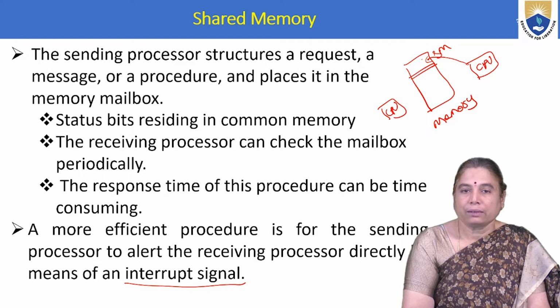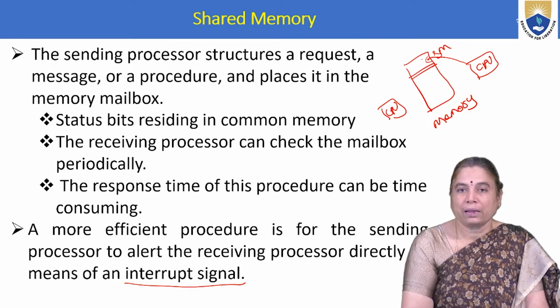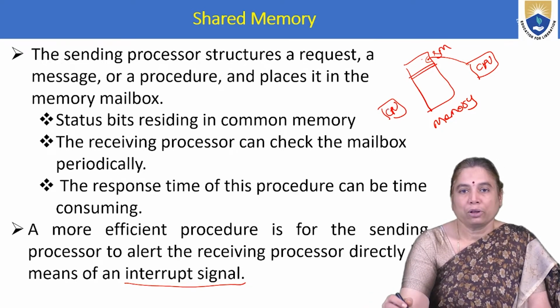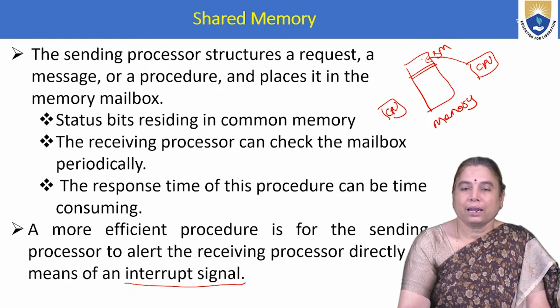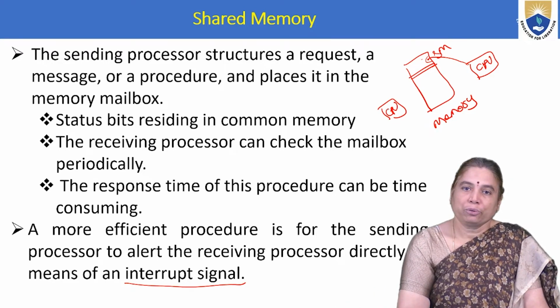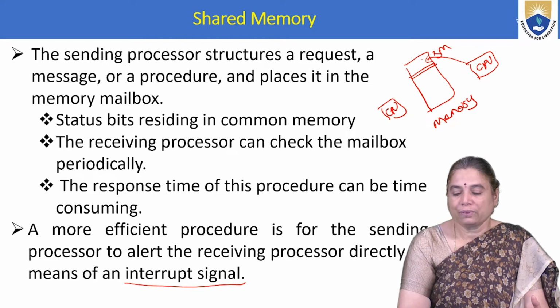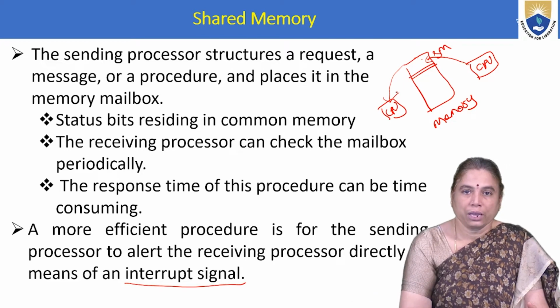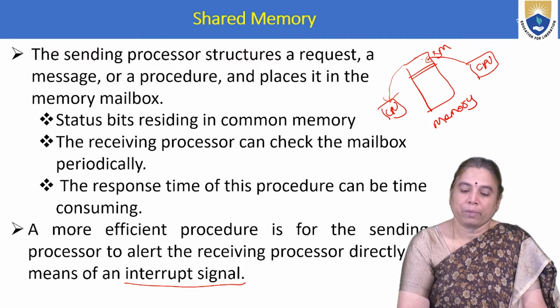The status bits residing in the common memory can be altered, so that after continuous verification of the mailbox, the particular processor can recognize the message pertaining to it. This is time consuming. So, the alternative is creating an interrupt signal for the CPU involved in the communication, to alert it that the message is available in the shared memory.